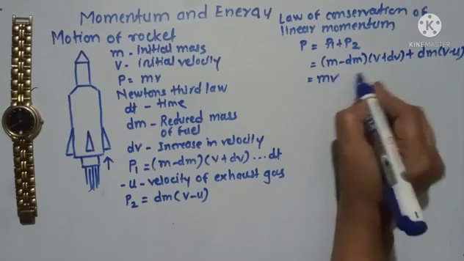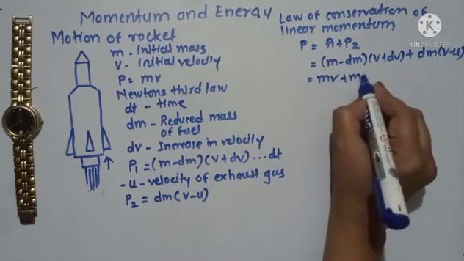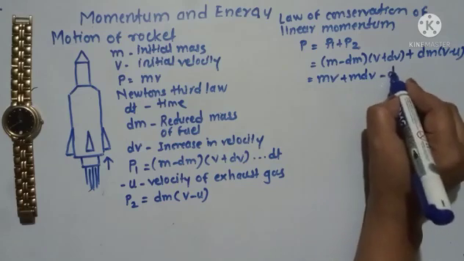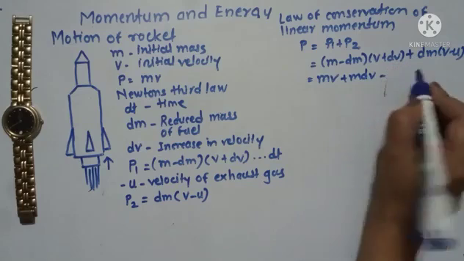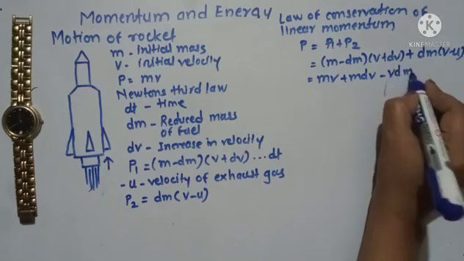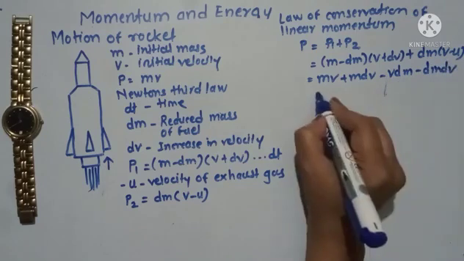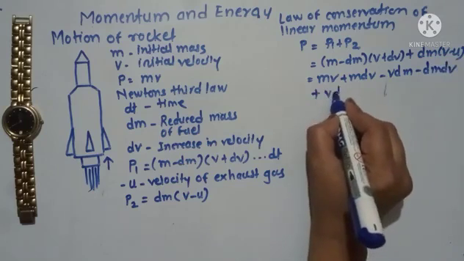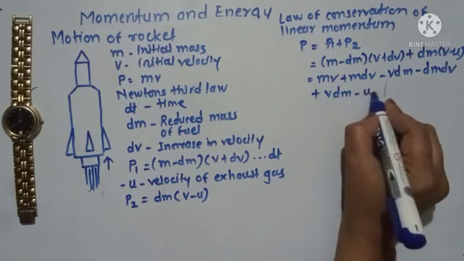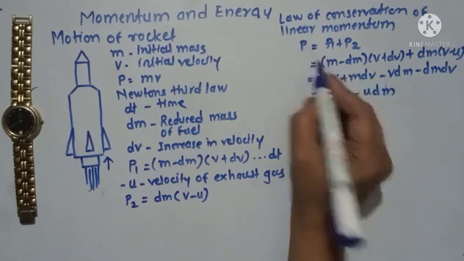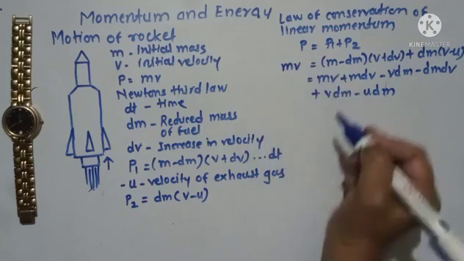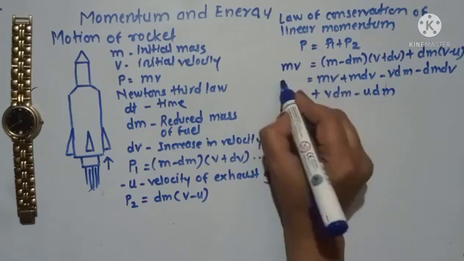It will be mv plus m dv minus v dm minus dm dv, plus v dm minus u dm. And this p is nothing but m into v.